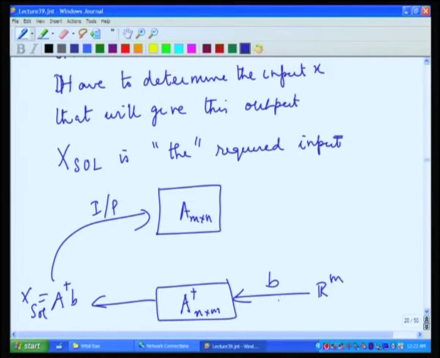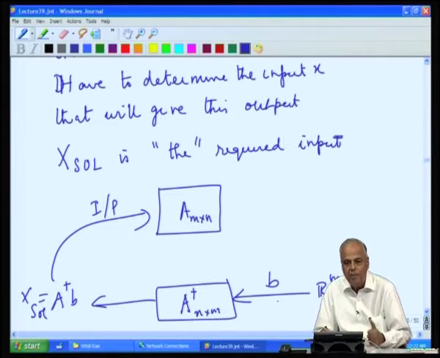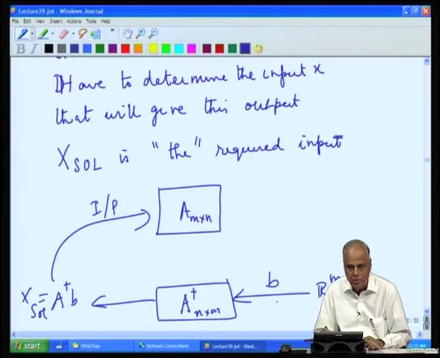I will get B if it is possible, or if it is not possible to get any input which gets B, then x sol will give that input which will take you closest to B, and among all such possible things x sol will have the least length.